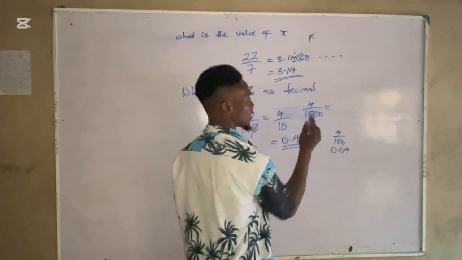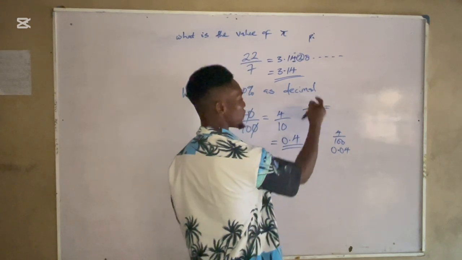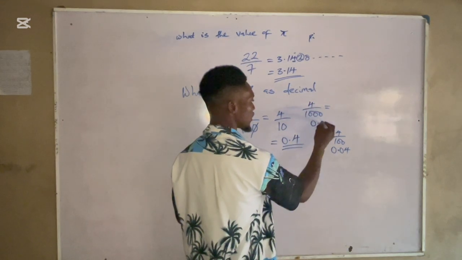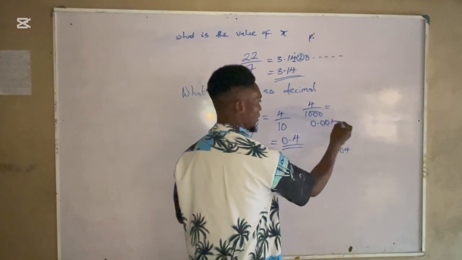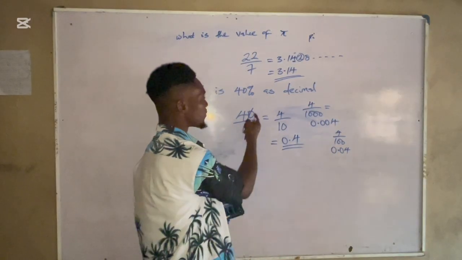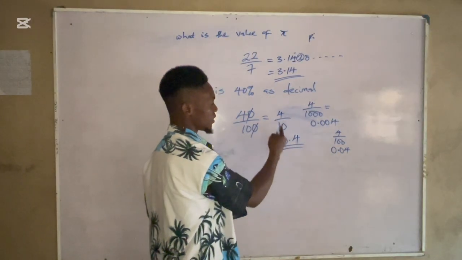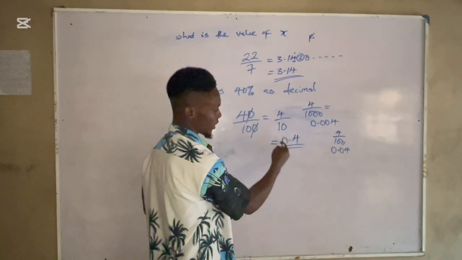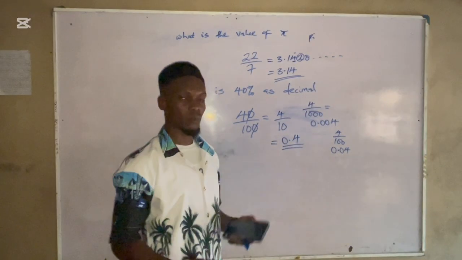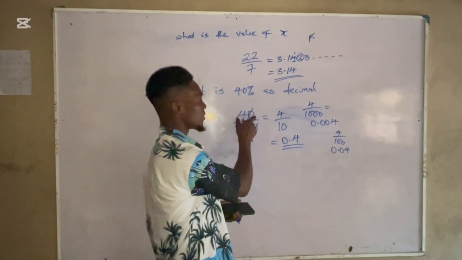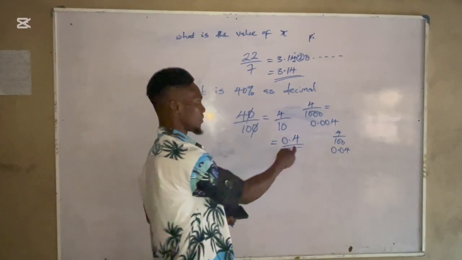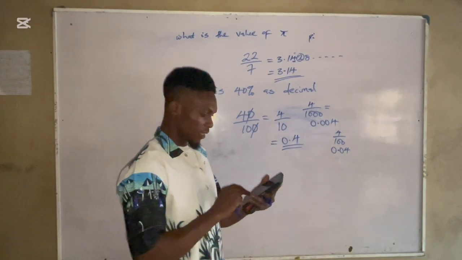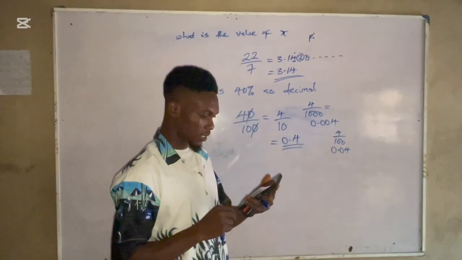That will give us 3 zeros before 4: 0.004. So since you have broken this down to 4/10, and we have 1 zero, that makes it 0.4. But if you have a calculator, you can just press 40 divided by 100. You still have 0.4 as the answer, and that is option C.